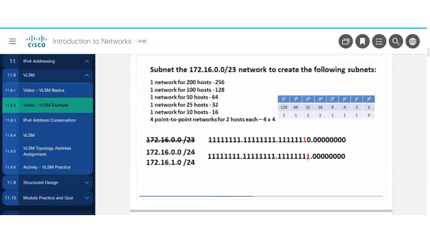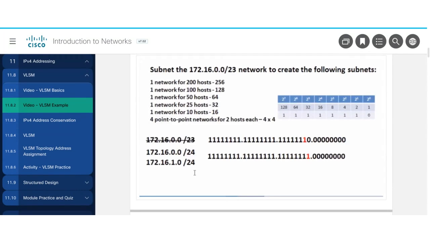This creates 2 networks 0.0 and 1.0, each subnet having 256 or 8 host bits. Notice how the subnet mask has changed from /23 to /24, and I now have 2 256 host subnets.